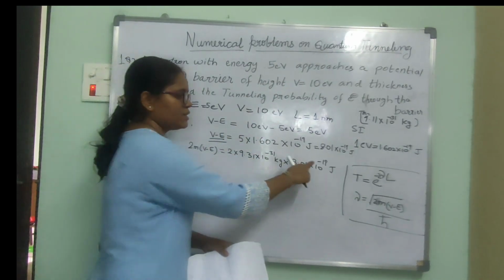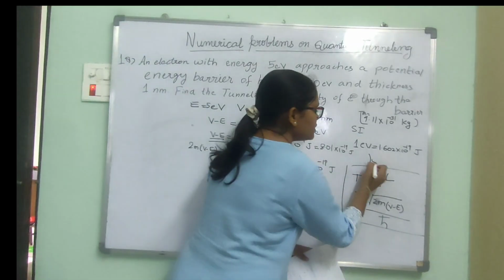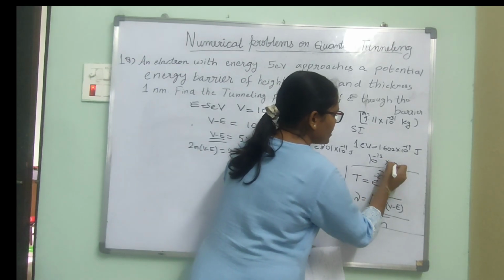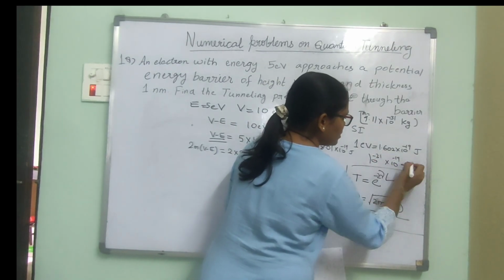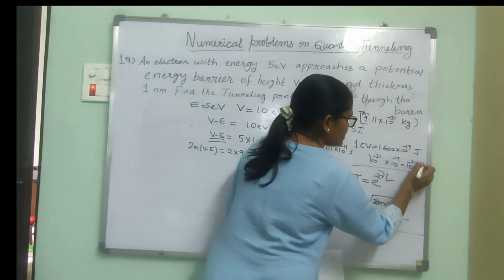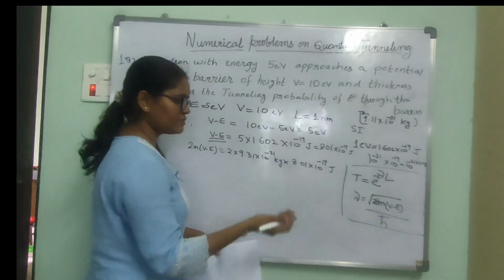10 power minus 31 into 10 power minus 19 will be 10 power minus 31 plus minus 19, that would be 10 power minus 50.